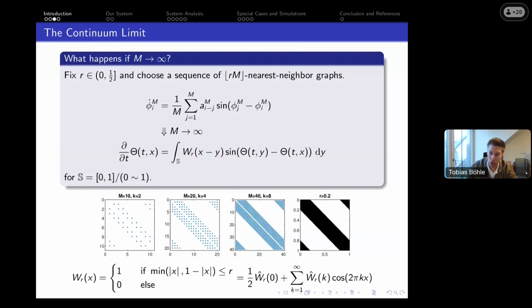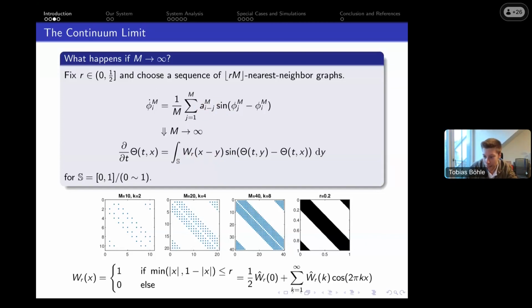Usually, as I said, these coefficients depend on i and j separately, then you get a graphon W here that depends on x and y separately. But here, these coefficients depend only on the difference i minus j, and so the function W also only depends on the difference x minus y.